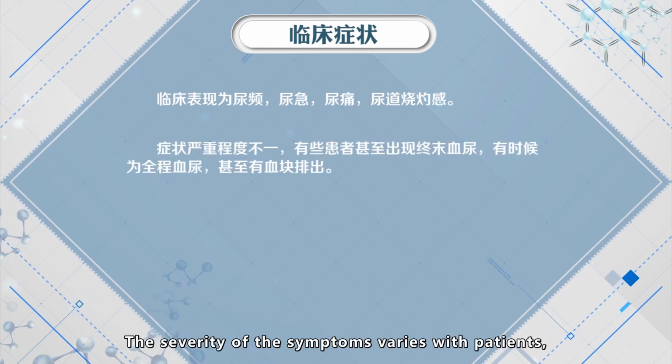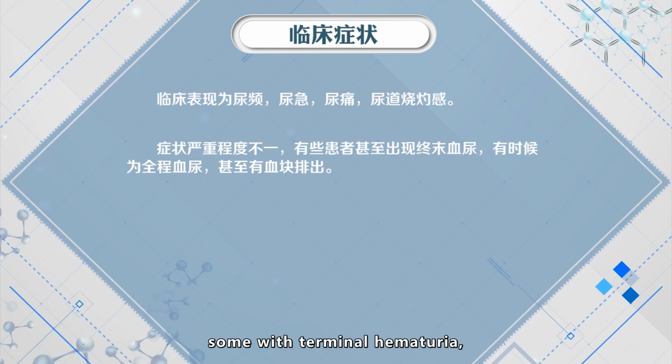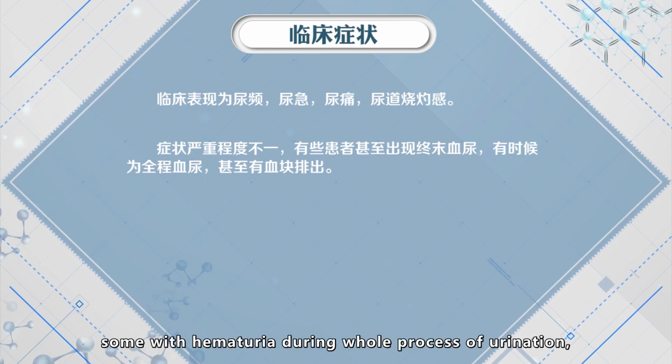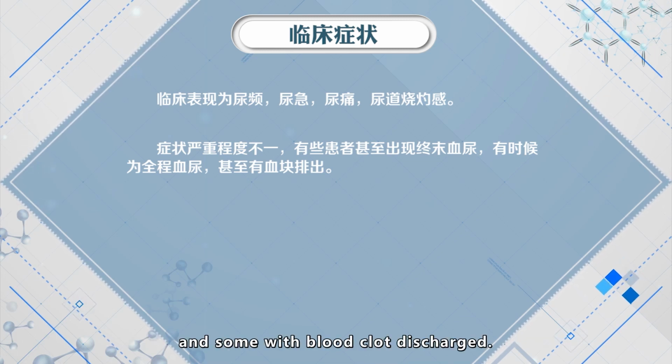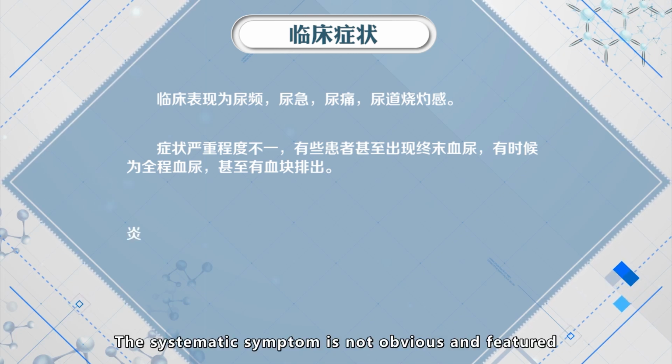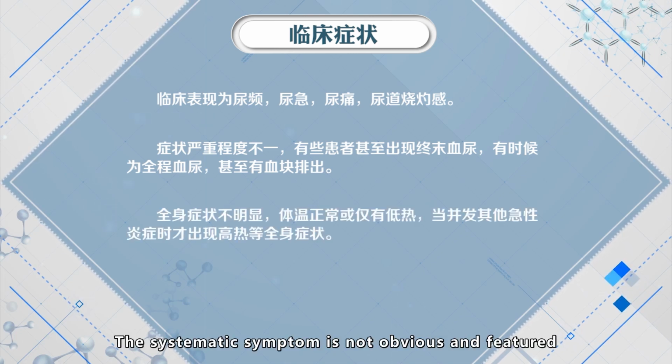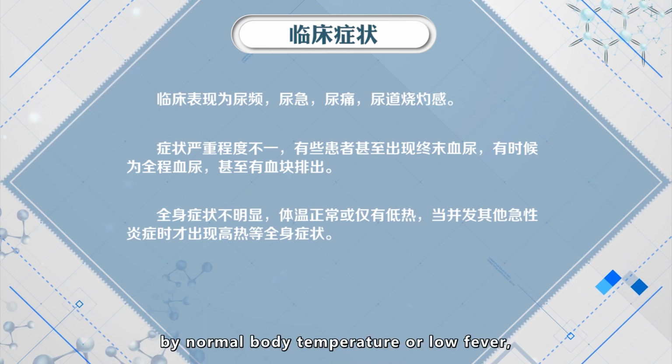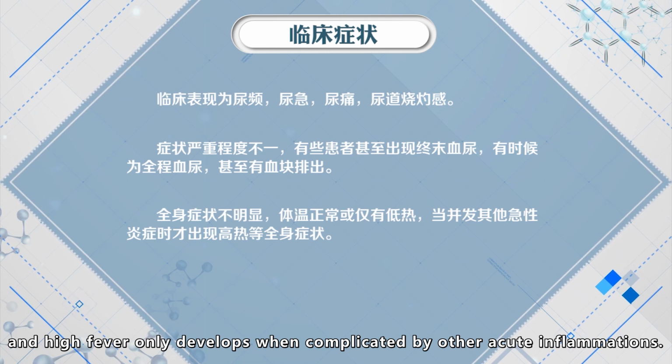The severity of the symptoms varies with patients, some with terminal hematuria, some with hematuria during the whole process of urination, and some with blood clots discharged. The systemic symptoms are not obvious and are featured by normal body temperature or low fever, and high fever only develops when complicated by other acute inflammations.